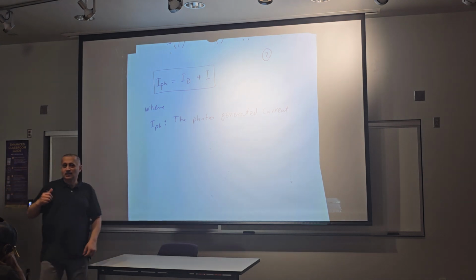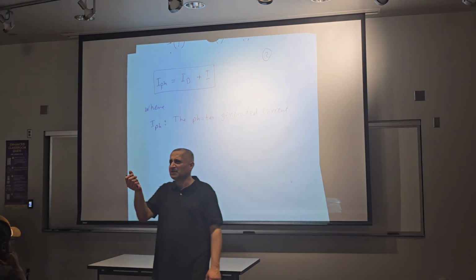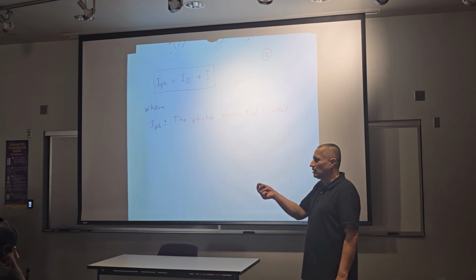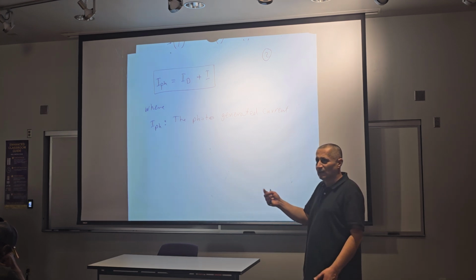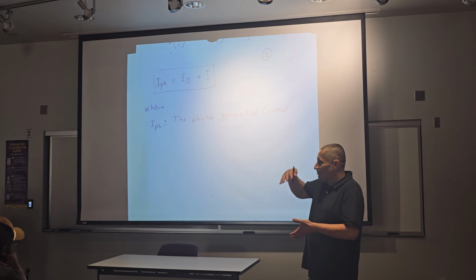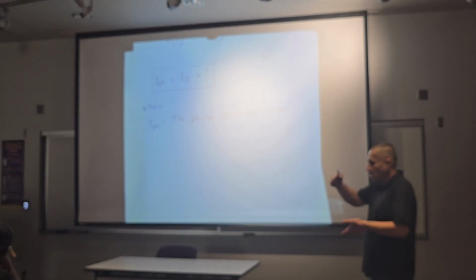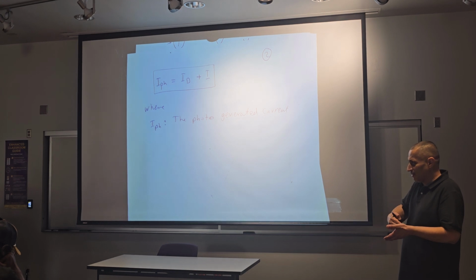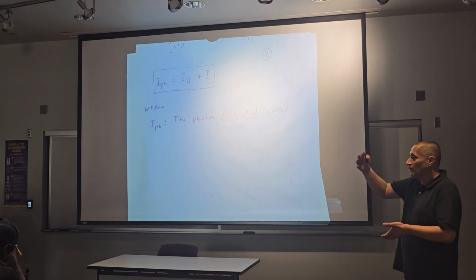Okay, maybe this current is very small, 0.1 or 100 milliampere. Okay, we can increase the value of the current by using multiple cells, okay, to generate more current, also more voltage.